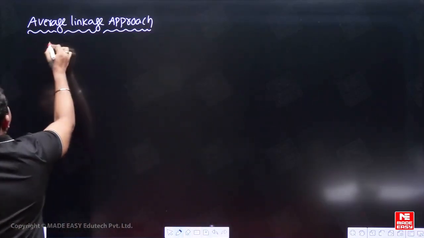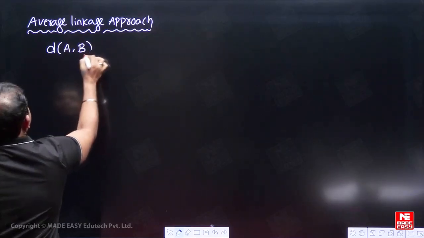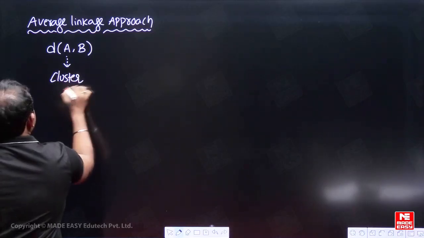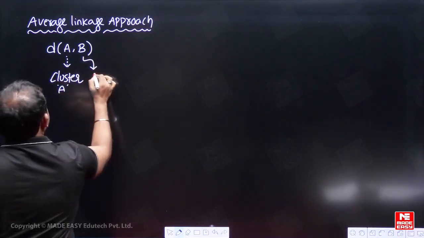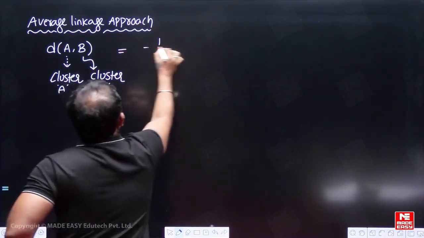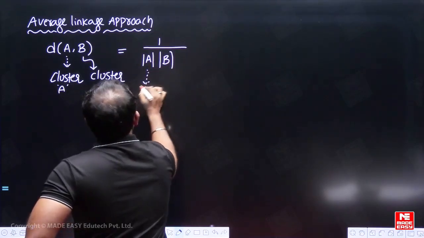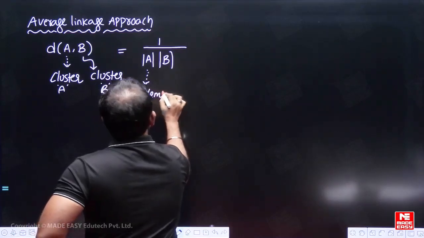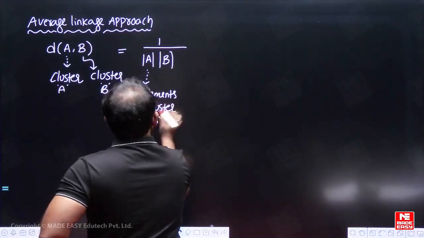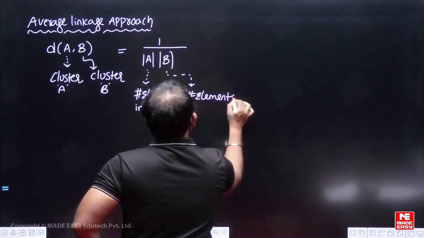For example, here the distance between A comma B, this is cluster A and this is cluster B. So average means 1 by mod A and mod B. Mod A is nothing but the number of elements in cluster A. Mod B means the number of elements in cluster B.